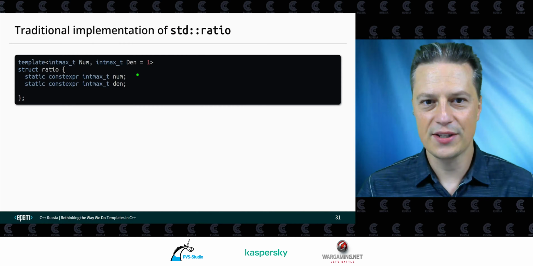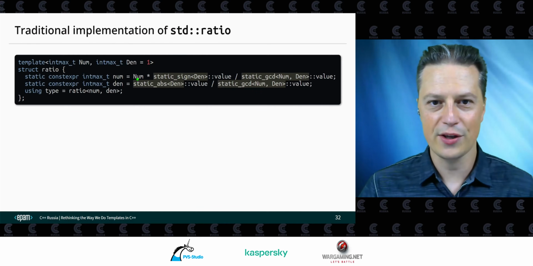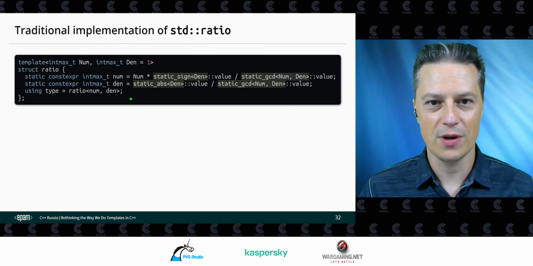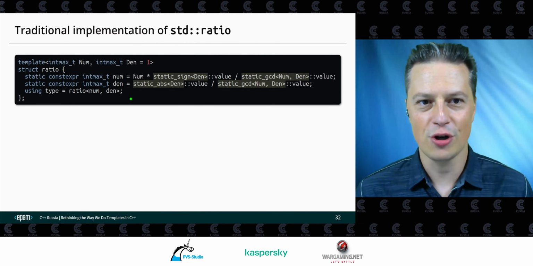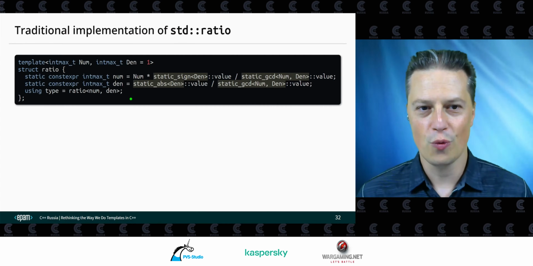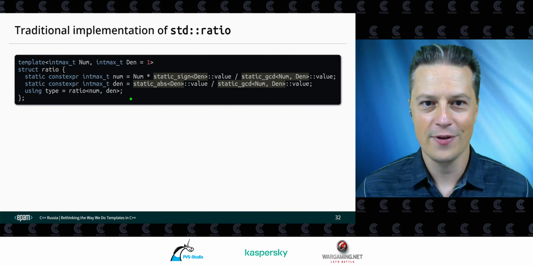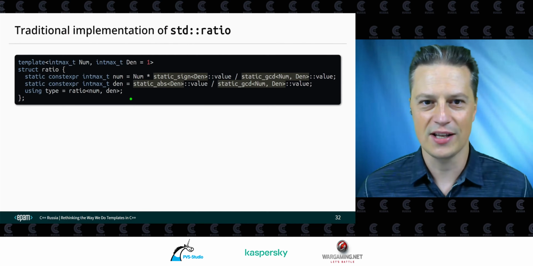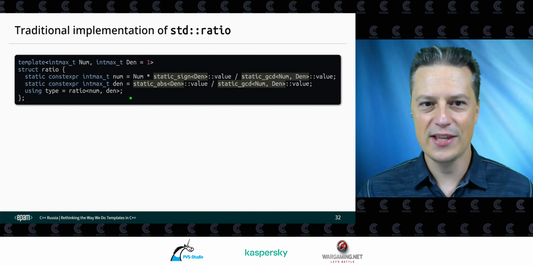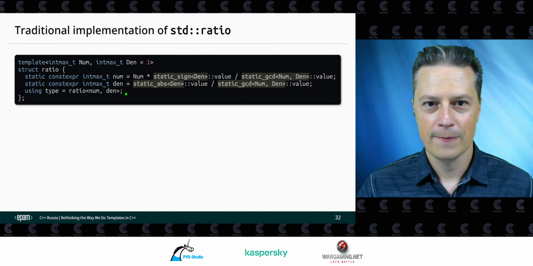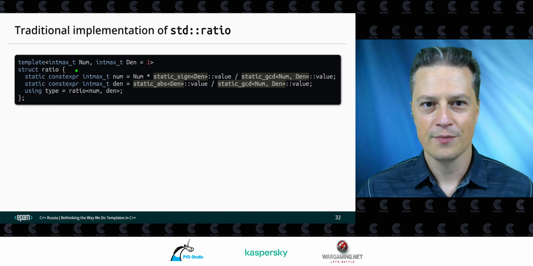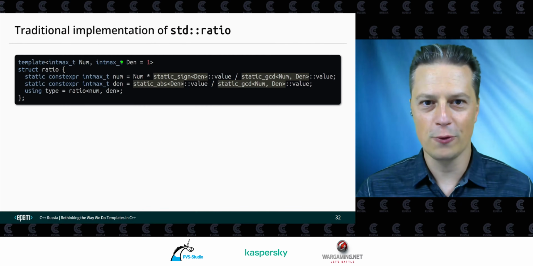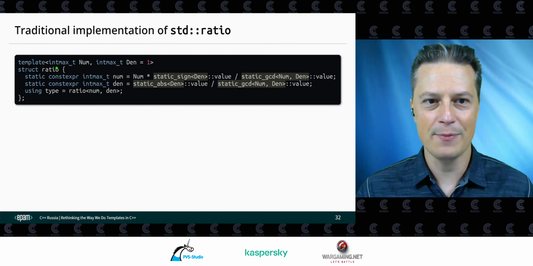However, this code is not that simple, because actually there are many conversions done for those to work correctly, because the ratio of, for example, one half is the same if you divide 2 by 4 or 3 by 6, right? It's still a half. So they should end up with the same type. And they don't end up in the same type because the type is different, right? If you put 1, 2 here, or 2, 4, or 3, 6, you will end up with a different type.